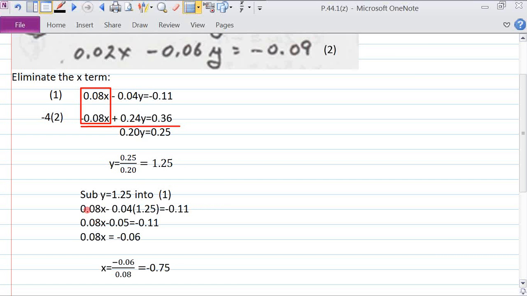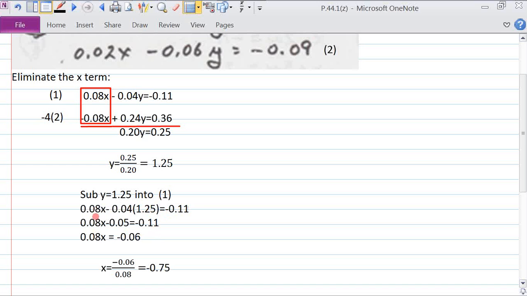So I have 0.08x minus 0.4y, and now for the y I'm substituting 1.25, right? So I'm right on this equation here. Substituting: 0.08x stays the same, minus 0.4 times 1.25 equals minus 0.11.